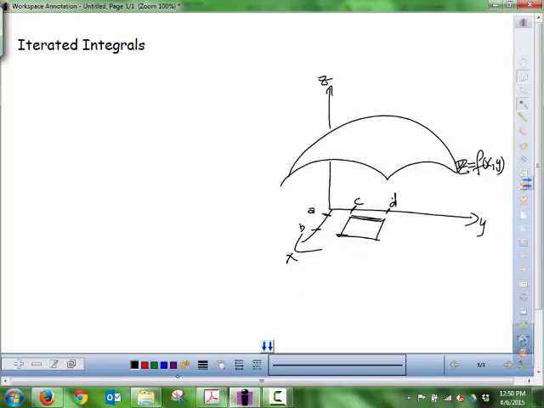And so when we take a look at this, we're looking at a double integral.